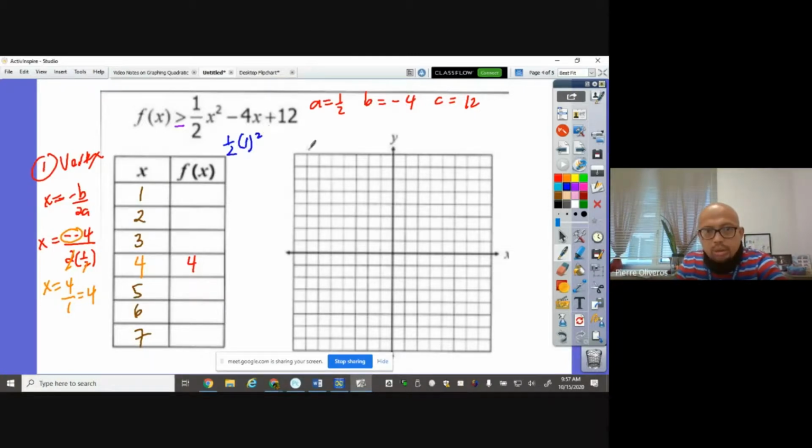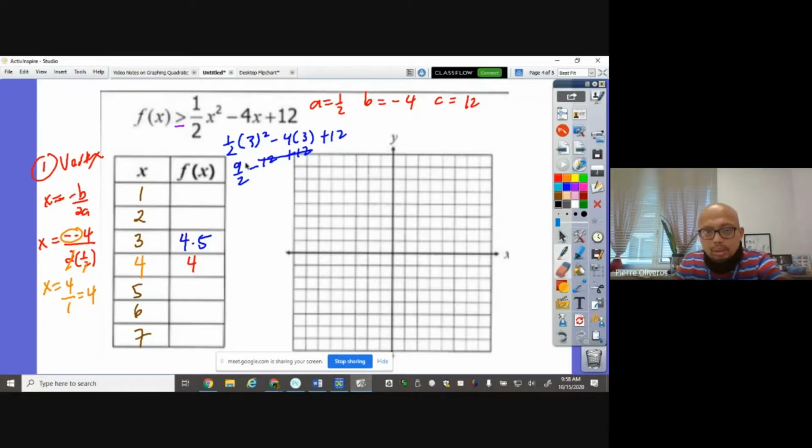I'm gonna start with 3. 1 half 3 squared minus 4 times 3 plus 12. 3 squared is 9. 9 times 1 half is 9 halves. 4 times 3 is going to be 12. Negative 12 plus 12 is cancelled out, so 9 halves. 9 halves is 4.5.